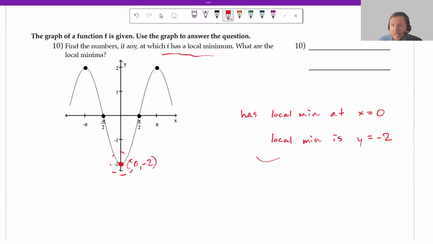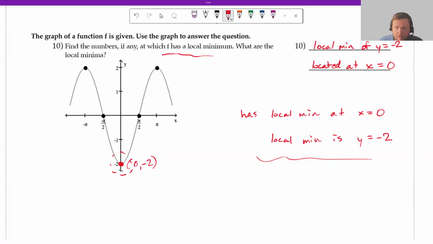So just to put that all together, there's a local minimum of y equals -2 located at x equals 0, or you could phrase that backwards: located at x equals 0, there is a local minimum of y equals -2.